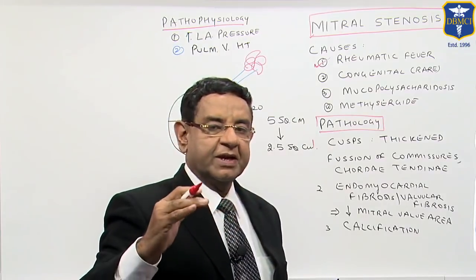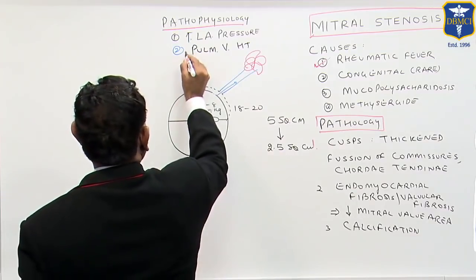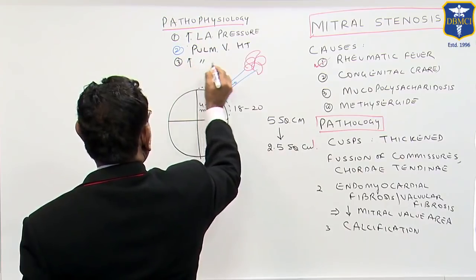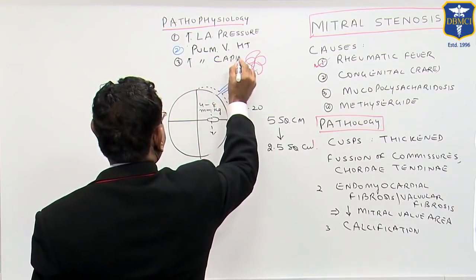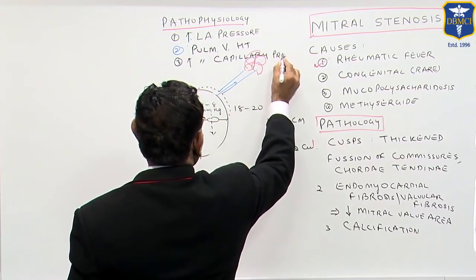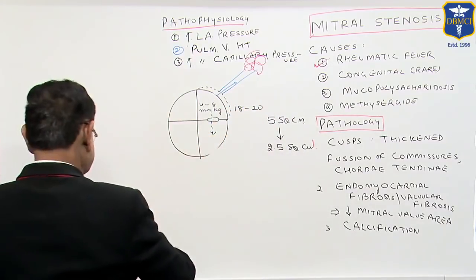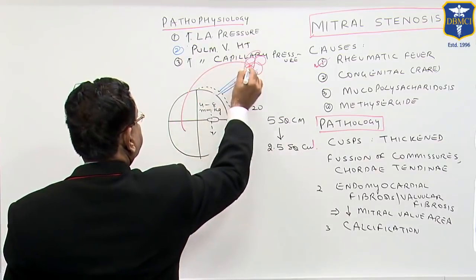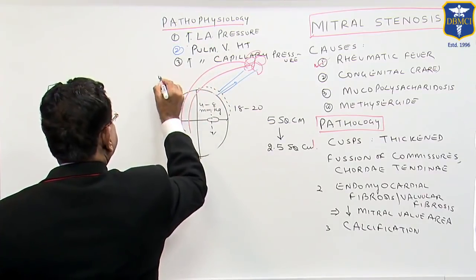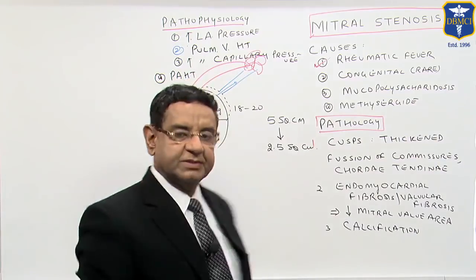After that, capillaries get congested, and that leads to an increase in the pulmonary capillary pressure. And after that, this is the pulmonary artery, and that leads to increased pressure in the pulmonary artery. So pulmonary arterial hypertension occurs.